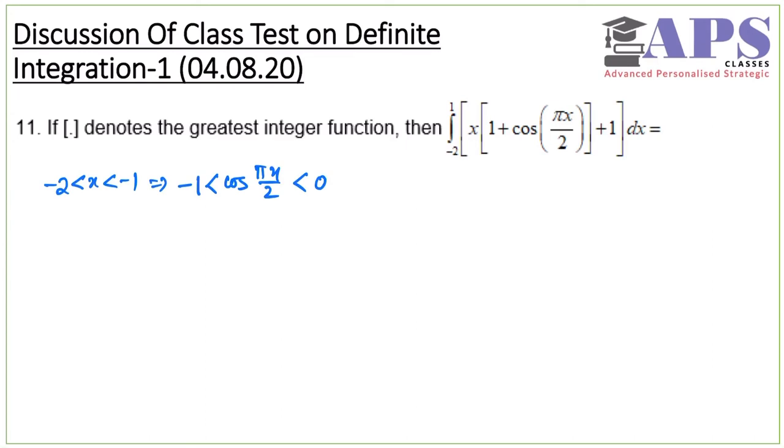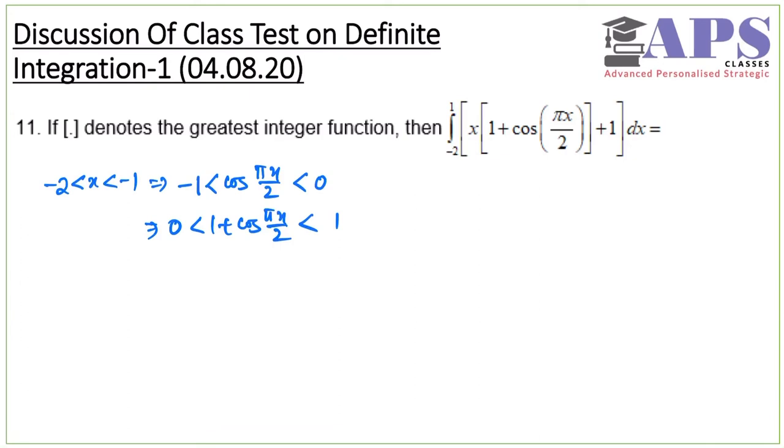So if I add 1, it will be 1 plus cos pi x by 2 lies between 0 to 1. Then when I take the box of that, it will be 0. So finally, box of 1, that is 1. So therefore, we will get in the interval minus 2 to minus 1, the value of that function is 1.